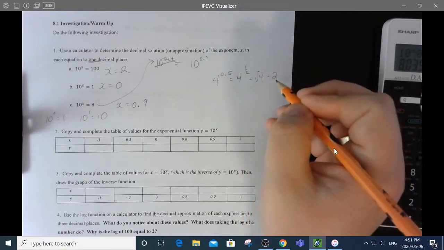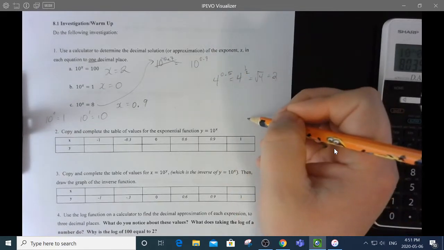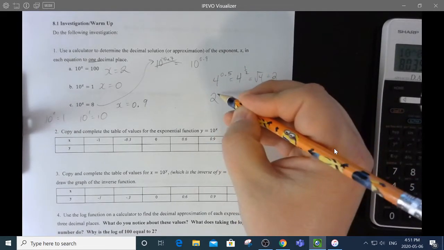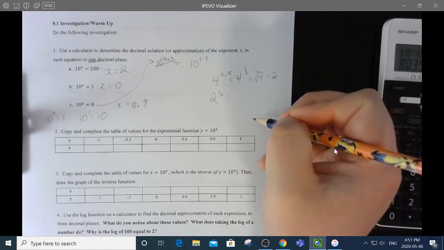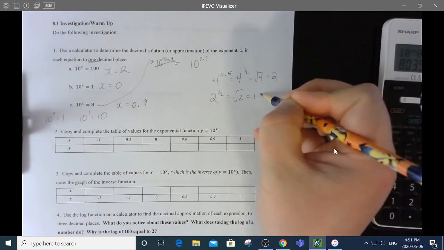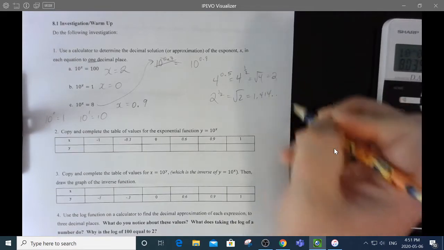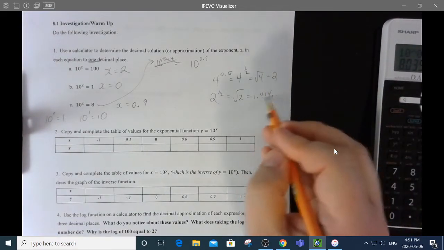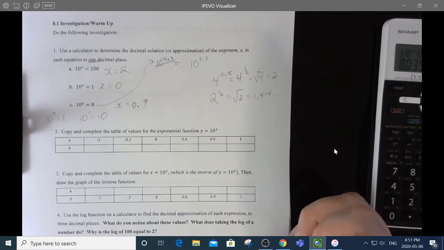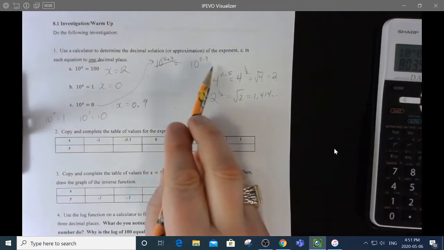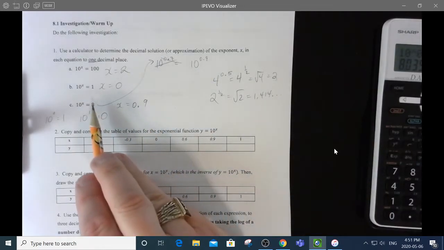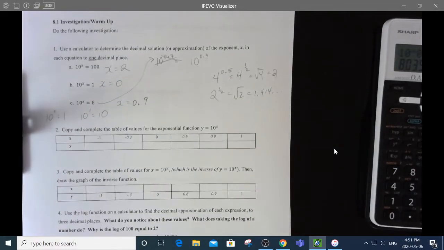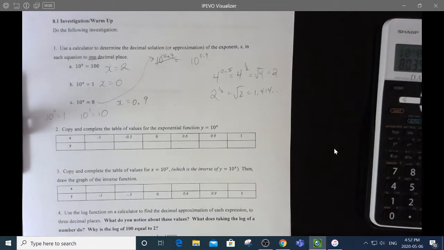But that's only a whole number 2 because 4 is a perfect square. Try this with 2. What's 2 to the power of a half? You're asking for the square root of 2, which is 1.414, blah, blah, blah. Remember what we call those kind of numbers? Irrational numbers. So yeah, I could have done this forever, and I'm never going to get exactly 8 because I'm dealing with irrational numbers. So let's keep that in mind.